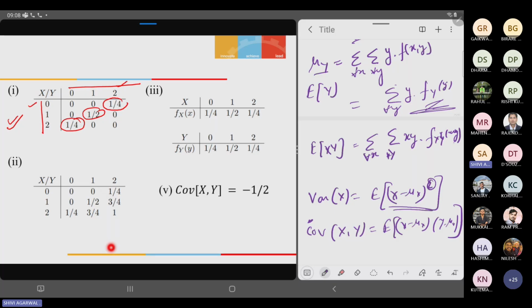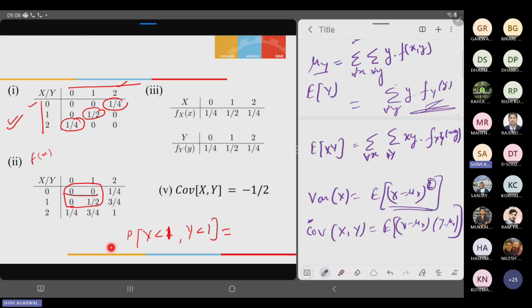Now second, we have to find out the cumulative distribution function. In the cumulative distribution function, we can just find out the probability when X is less than or equal to 1, and Y is also less than or equal to 1. So that is the CDF. X is less than or equal to 1, so we are just saying X is 0 and 1, and Y is also less than or equal to 1.